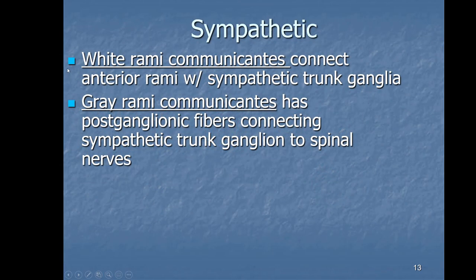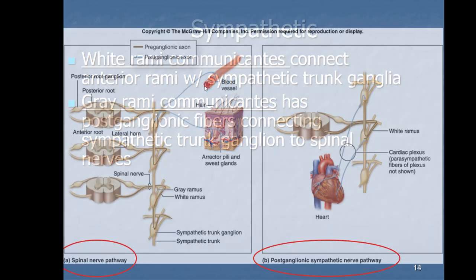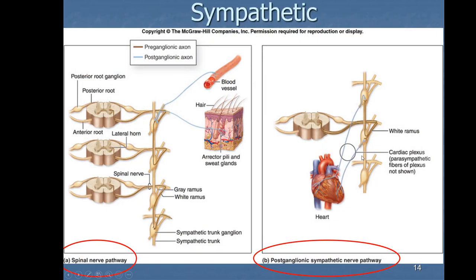So going back to this, white rami communicantes connect the anterior rami with the sympathetic trunk ganglia. So that's what you're seeing here. This is your sympathetic chain ganglia or sympathetic trunk ganglia. Here's your preganglionic neuron. It's coming here and synapsing there. And then the gray ramus communicans, so let's follow this one.